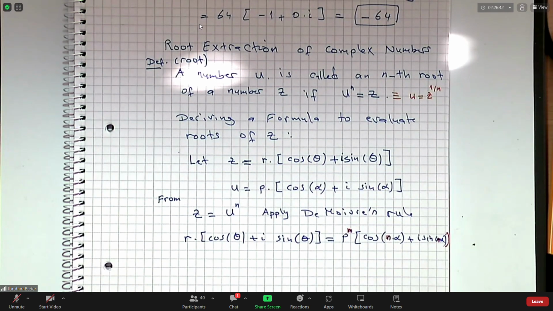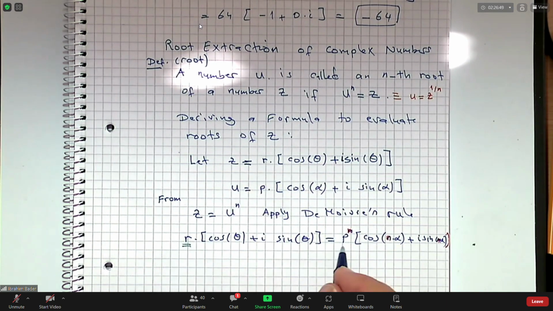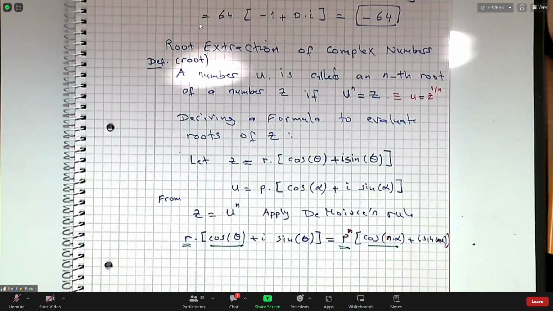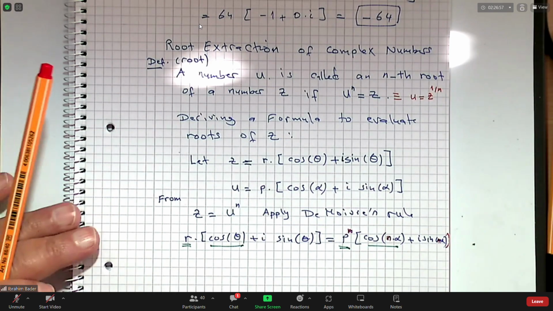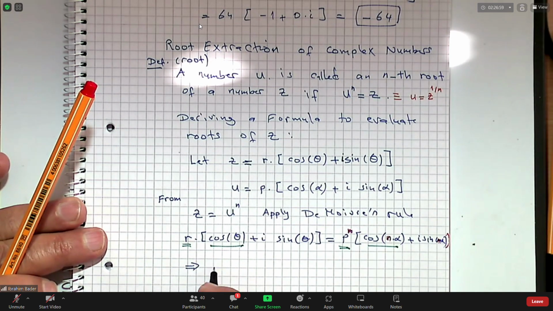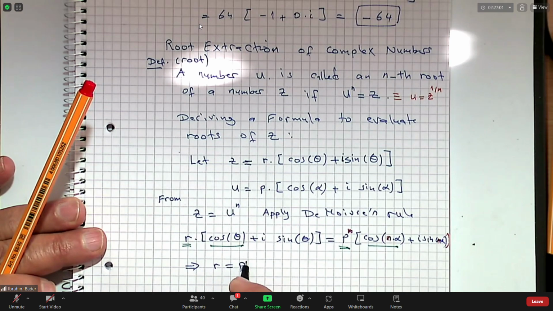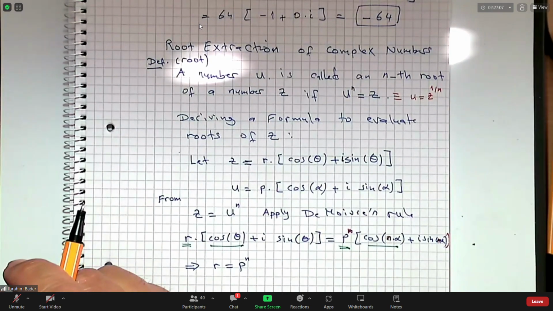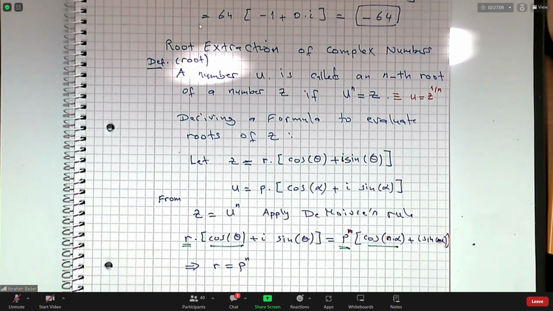Now if we compare these values, that means you compare r with p, cosine with cosine, and so on. So in this case, the equivalence requires that r equals p to the power n, which is a real number here. It's not a complex number anymore. And what does it mean?